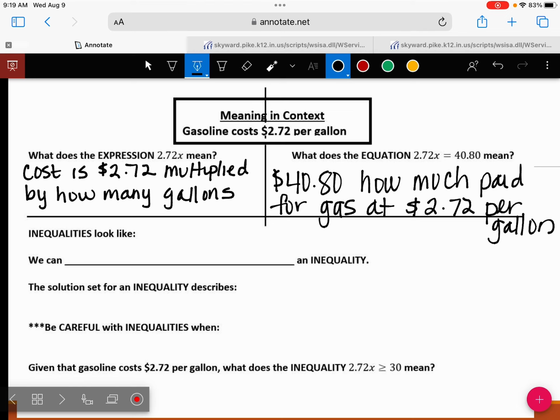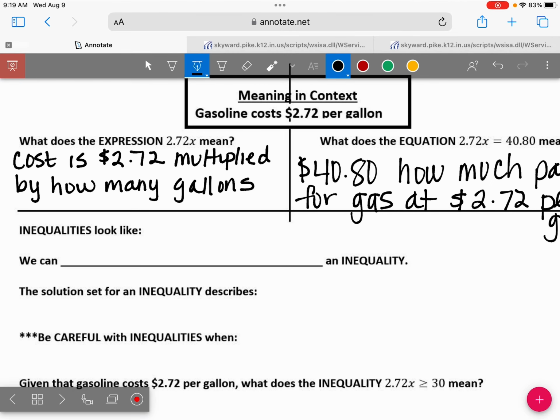Now, you can also solve an inequality. So an inequality has a greater than or a less than, or it could be greater than or equal to, or less than or equal to. We can also solve an inequality though.